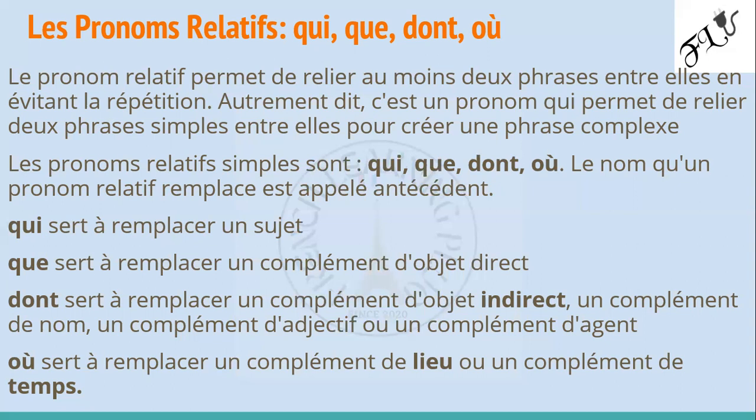Que sert à remplacer un complément d'objet direct. So que replaces the direct object complement. Donc sert à remplacer un complément d'objet indirect, un complément de nom, un complément d'adjectif ou un complément d'agent. Don't worry, we're going to go into that in detail.